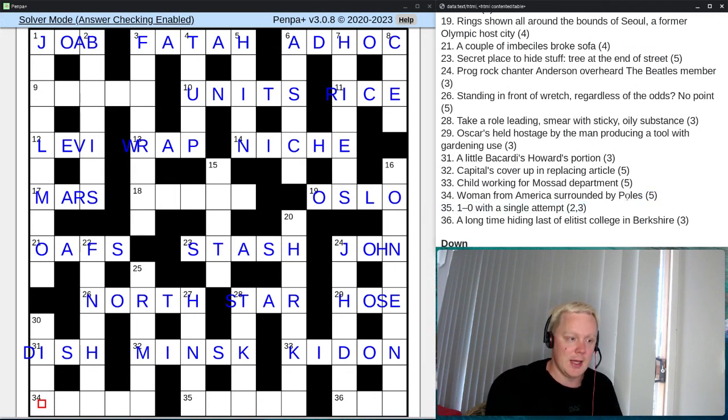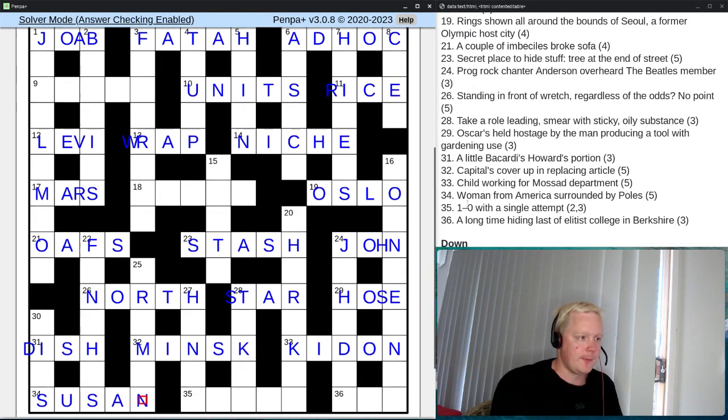So poles would be NS. America, USA. So USA surrounded by SN would be Susan, which is a woman's name. SUSAN.